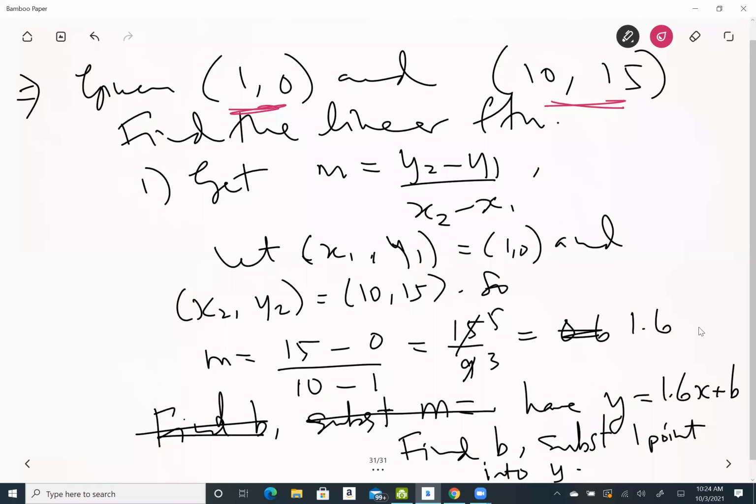So if you substitute that into y, what do you get? We substitute (1, 0), which is x1, y1, into y.